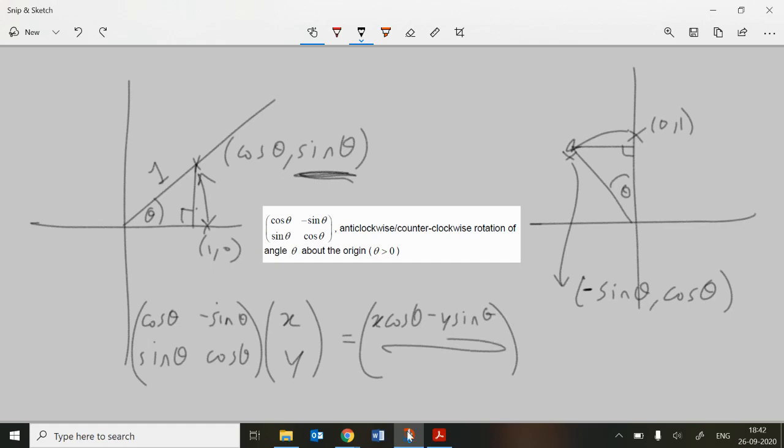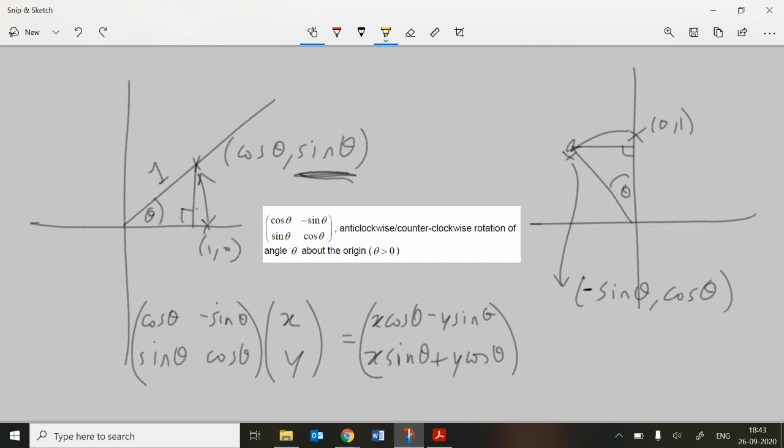So this is going to be our y direction in our final coordinate point. Here's x, here's our new y. We're going to get x sine of theta and then plus y cos theta. This final thing here is not given in the formula booklet, only this is given in the formula booklet, but that's ultimately what's going to come out.